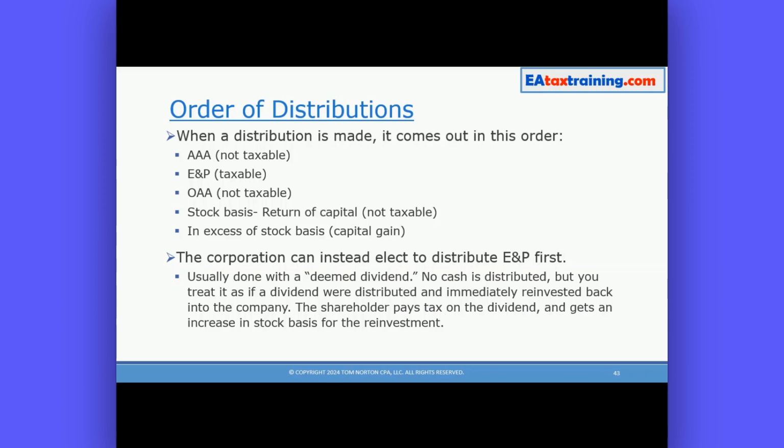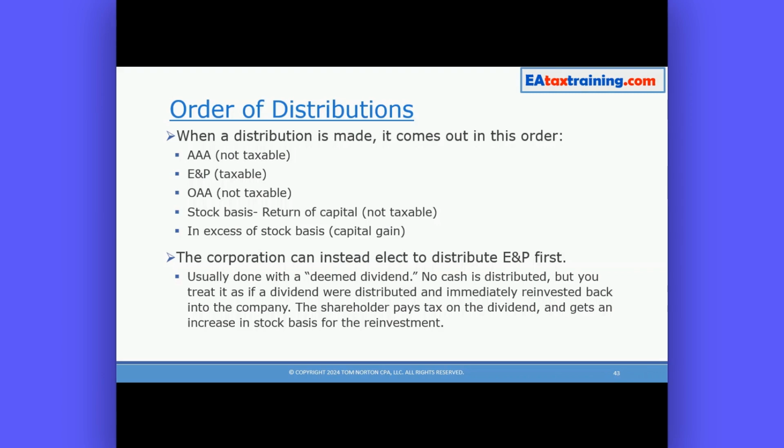They don't want you to convert from C Corp to S Corp and just avoid the double taxation on the earnings that you had while you were a C Corp. If you distribute those C Corp earnings to the shareholders after you make your S Corp election, those distributions are still going to be taxable, just like they were if you were a C Corp.